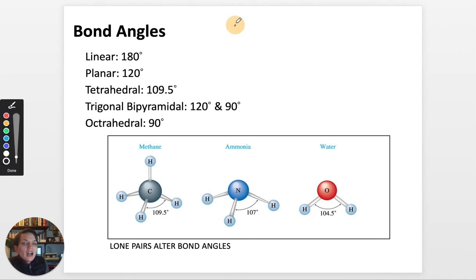If you have 6 things, this is octahedral. And we saw this not too long ago. You have kind of this square with 2 poles, so octahedral.